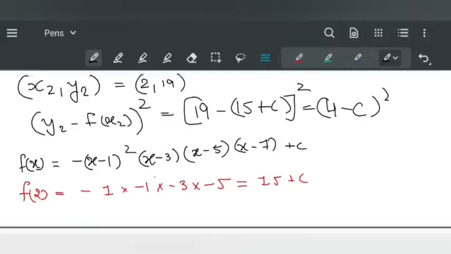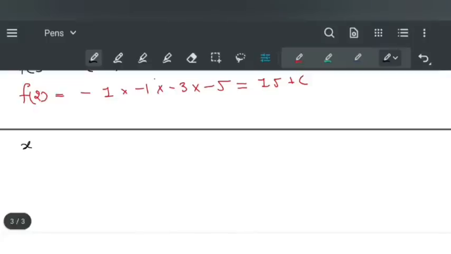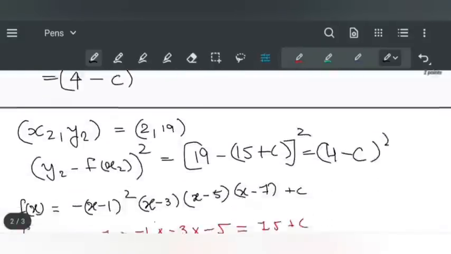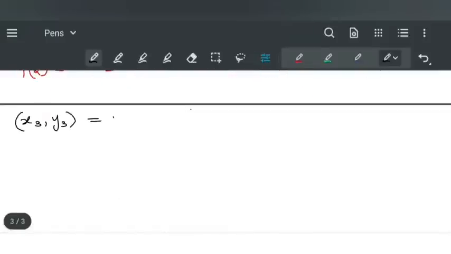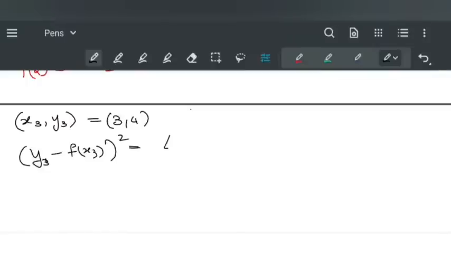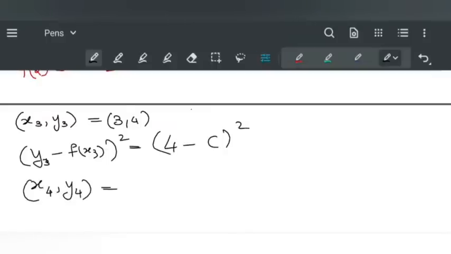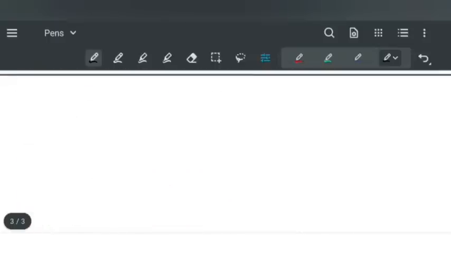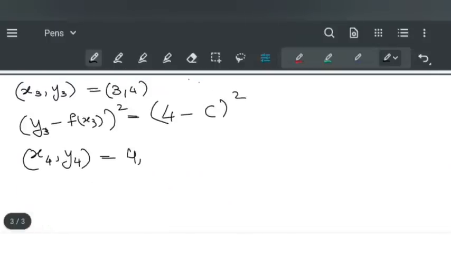The third term will be the ordered pair x3 comma y3, which is 3 comma 4. So y3 minus f of x3 whole square is equal to 4 minus c whole square. The ordered pair x4 comma y4 is 4 comma minus 23.